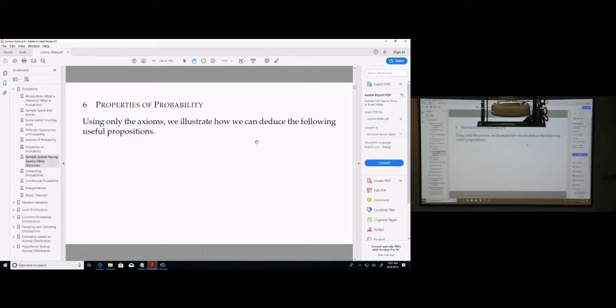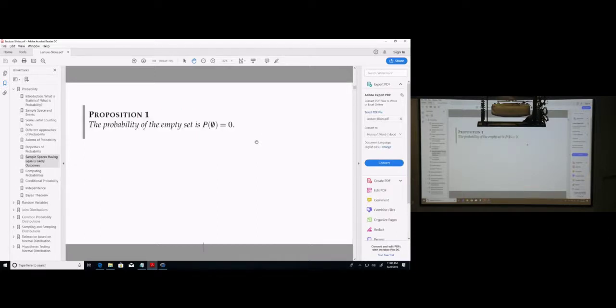So, the properties of probability. Using only these 3 axioms or these 3 rules, we can deduce the following useful propositions. The first one: the probability of the empty set is 0. I don't know whether it was written here.